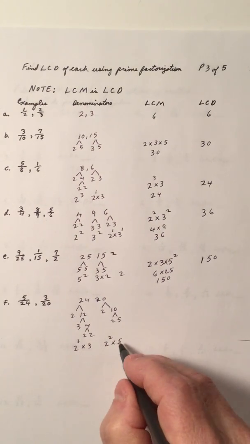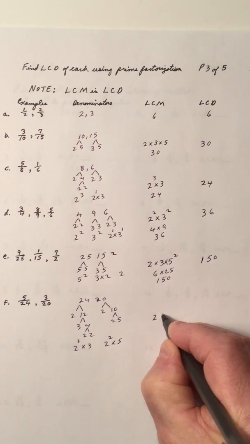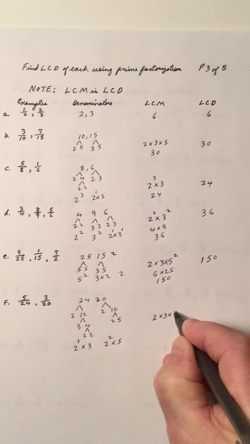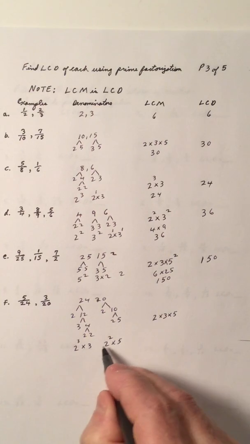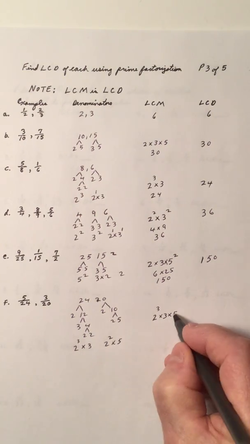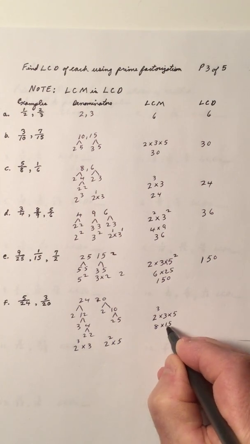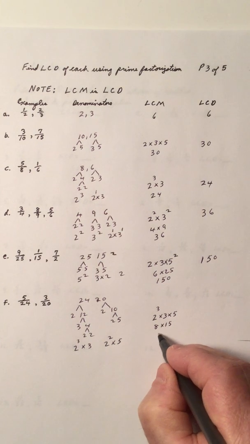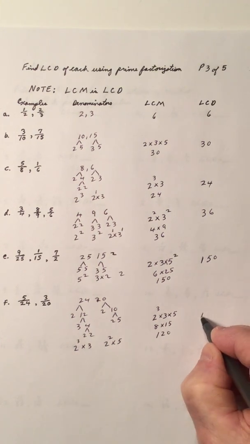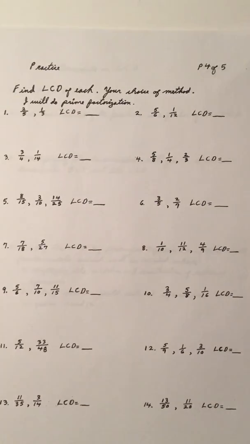So that's your 20. Now the least common multiple, we have a 2, we have a 3, and we have a 5. The largest power of 2 is 3. 3 is alone, 1. 5 is alone, we have a 1. 8 times 15 is 120. So your least common denominator is 120. Least common multiple, least common denominator. I work them out by the prime factorization.